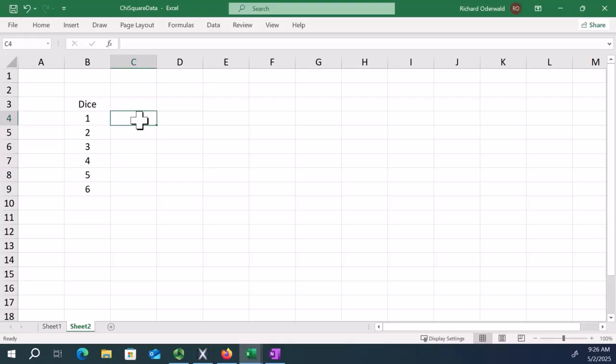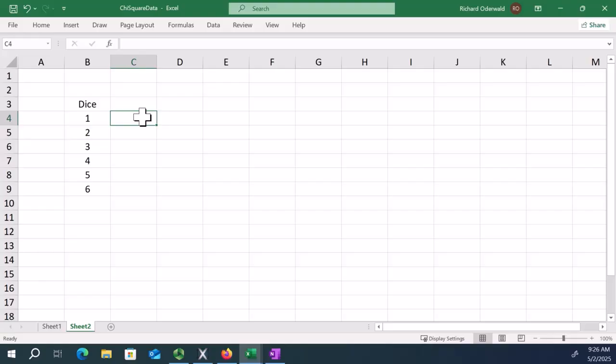We want to simulate rolling dice, and we used to do this with real dice, and it took forever because to get a significant amount of them, you got to roll a lot of dice. So this is easier. What command do I want to get 1 through 6 randomly out of Excel?